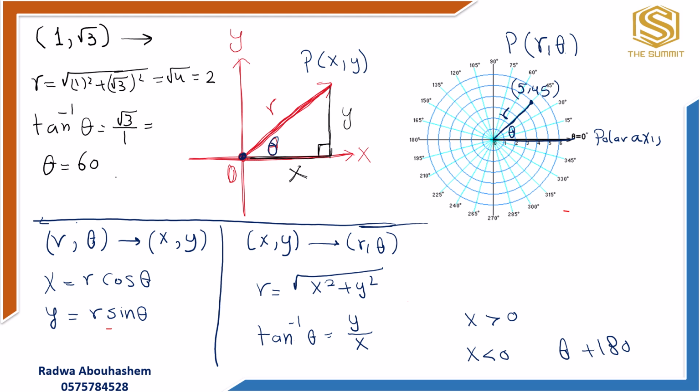Now I have the r and I have the theta, so it's 2 and 60. Here it is. So easy and so simple. You just have to practice the rule, and you're going to memorize the rule if you practice it more than one time.